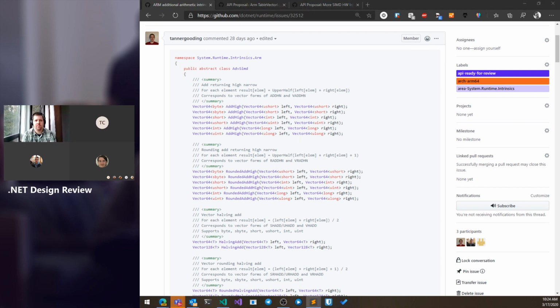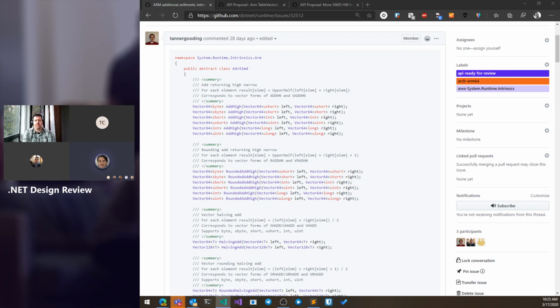Yeah. So I'm going to introduce a couple concepts here real quick. On ARM, many of the instructions have a few different overloads. There's the base instruction, which just does the normal operation. And then many of them also have versions that do rounding or saturation.